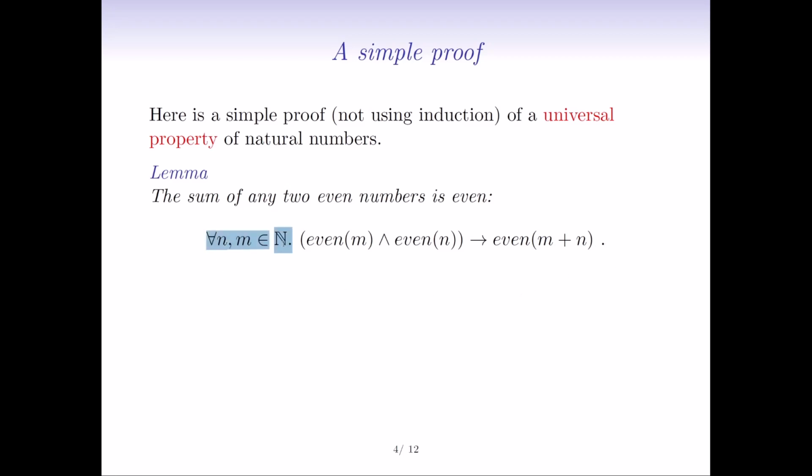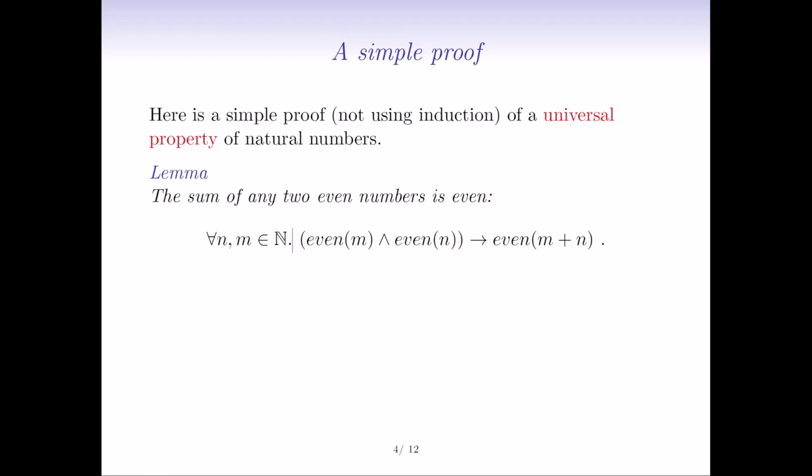By the way, this here is technically not part of first order logic because we're using some abbreviations here. So really this is two quantifiers, for all n and for all m. So that's the first part of the abbreviation. And then, of course, there's this part here that says in the natural numbers. Now, you can think of this, if you want to think of it formally, as saying either that we are thinking about some first order structure whose domain is the natural numbers, and that means that all the objects in the universe are of that type.